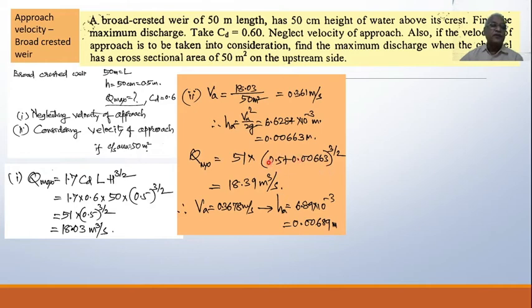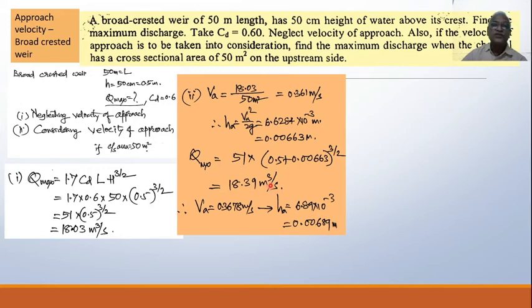In rectangular channel, we used to do h plus ha raised to 3 by 2 minus ha raised. But here directly the head is revised, h plus ha, not minus, right? And raised to 3 by 2. There is no minus term here. Okay. So this gives you 18.39 meter cube per second as the revised value of discharge.